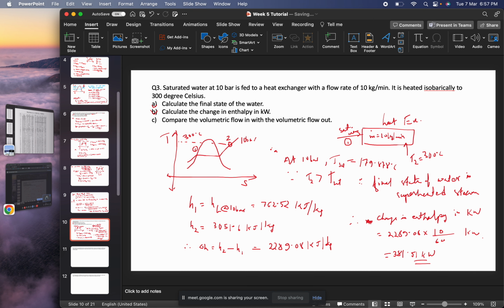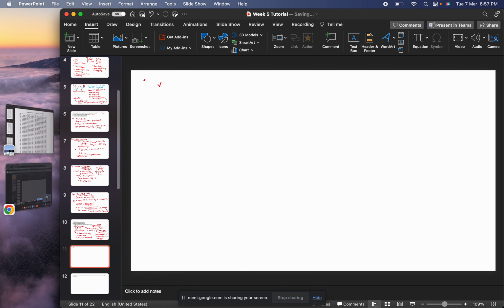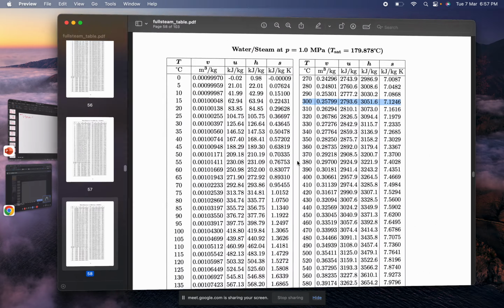Okay, this is your A, this is your B. Next is compare the volumetric flow in with the volumetric flow out. Volumetric flow in, that means at the initial state, what was my V1? For the C part my V1 is nothing but VF at 10 bar. So what is my VF at 10 bar?